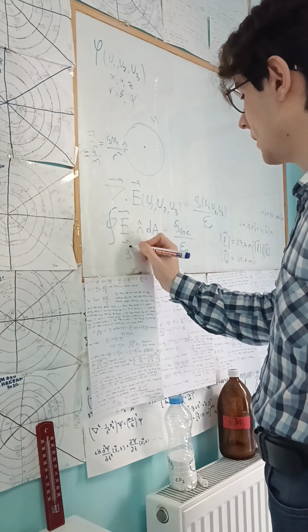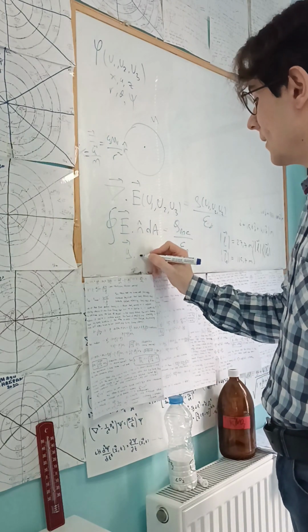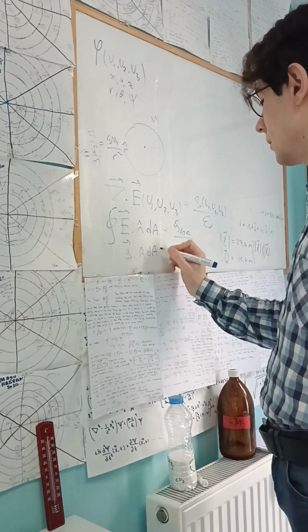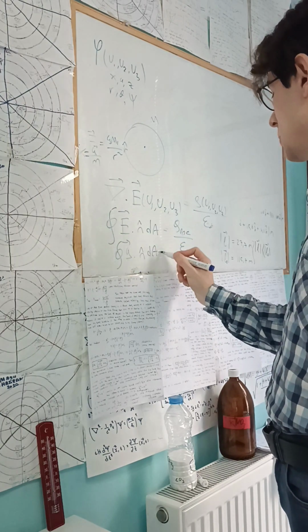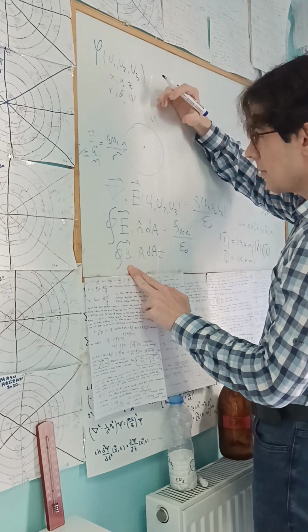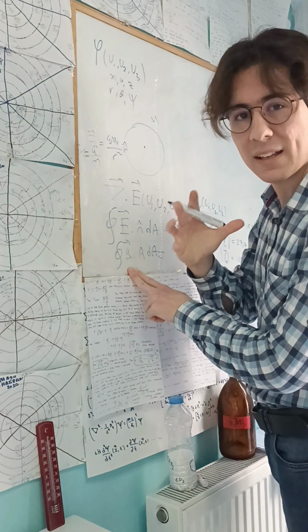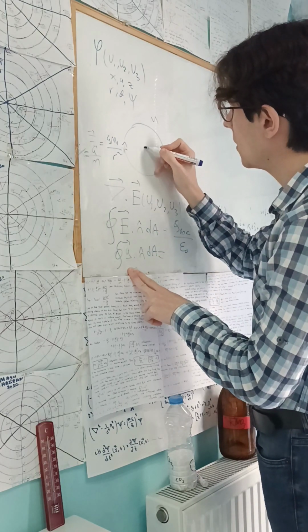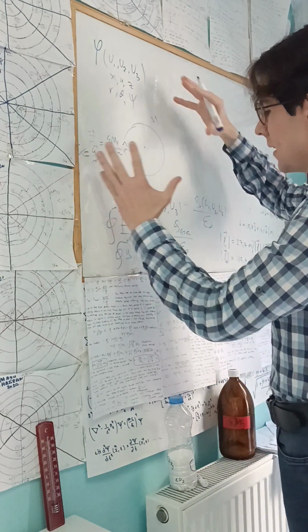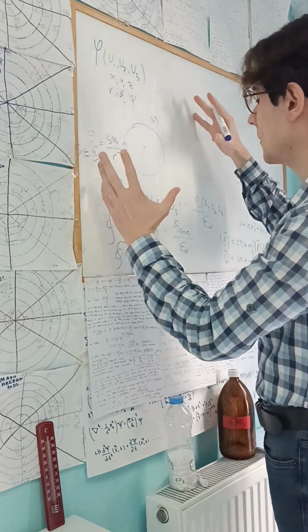Let me write it down like this. Dot product dA. What does it equal? The g is defined by the mass enclosed. Okay, so there's a field inside of the sphere, and it determines the motion of the particles around it.